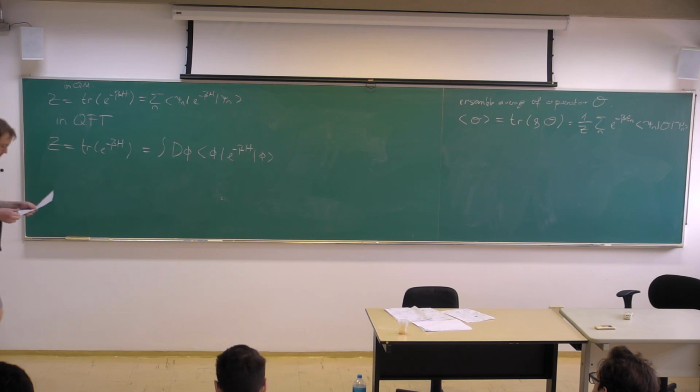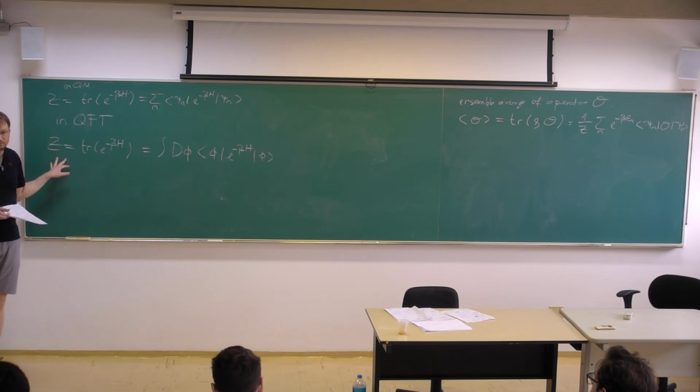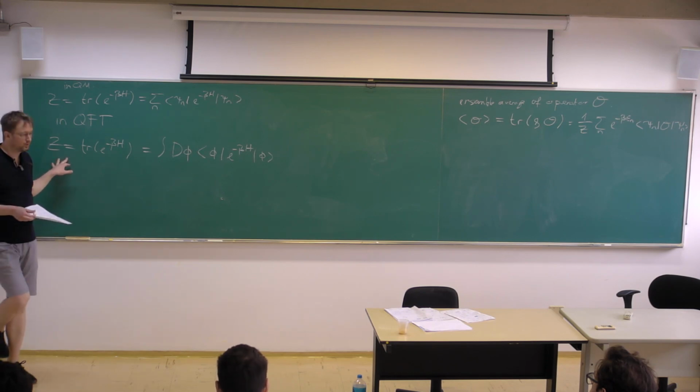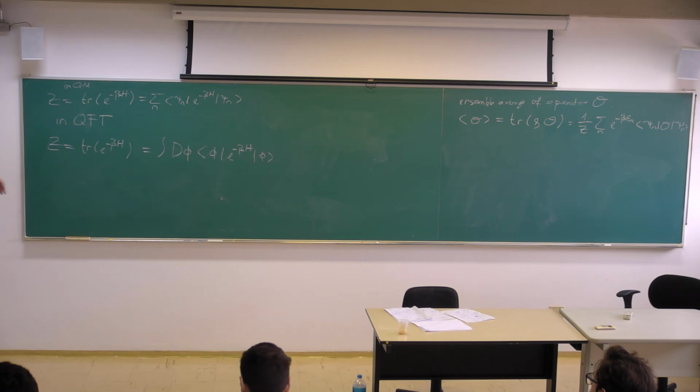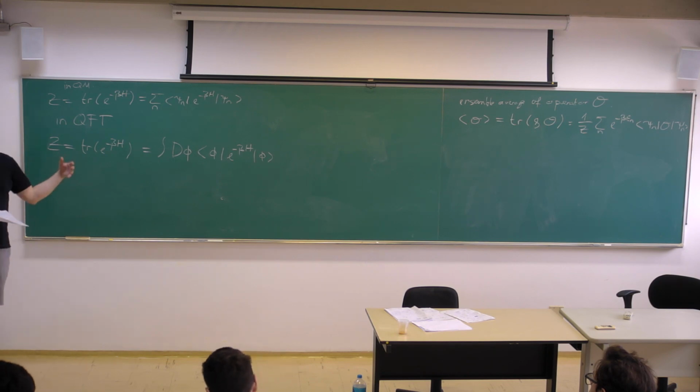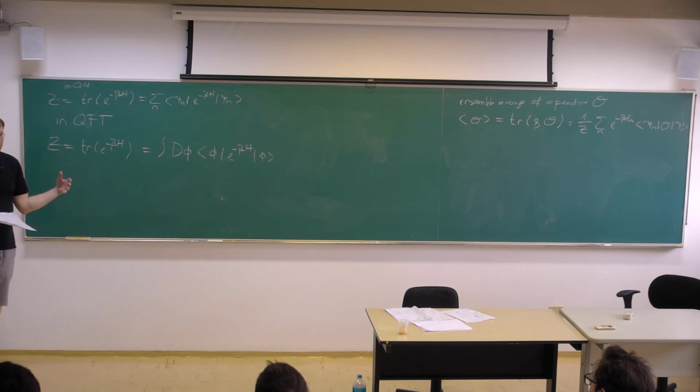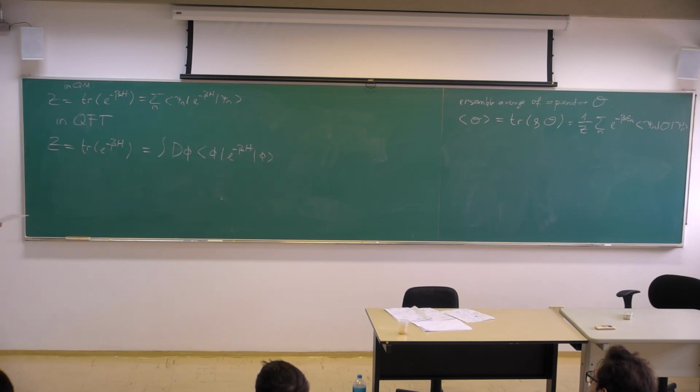Okay. And now what I will do is derive a path integral representation of this partition function. And this will be useful mainly because, as you will see, it will teach us how to think about quantum field theory at finite temperature, how to evaluate quantum field theory at finite temperature. So that's the main reason for this exercise.